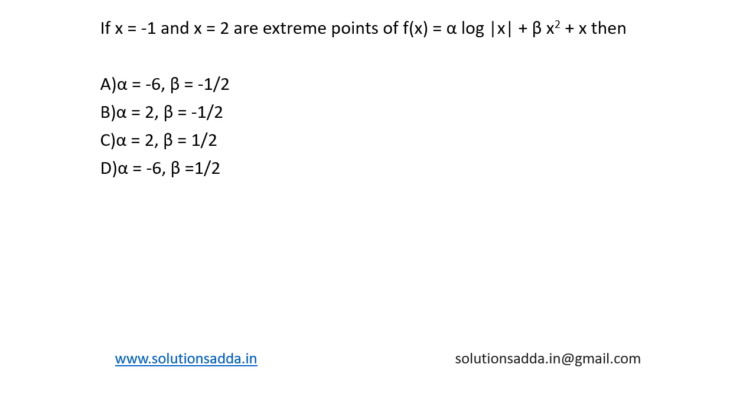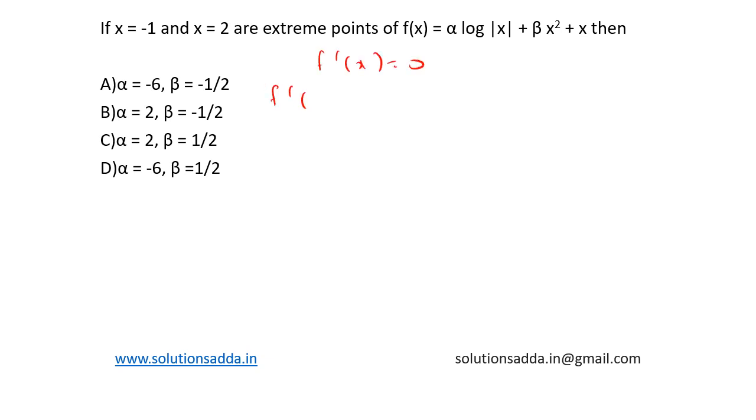This is a question from engineering mathematics. If x equal to -1 and x equal to 2 are extreme points of f of x equal to alpha log x plus beta x square plus x, then the values of alpha and beta are. To find the extreme points, we find the first order derivative and equate it to 0.